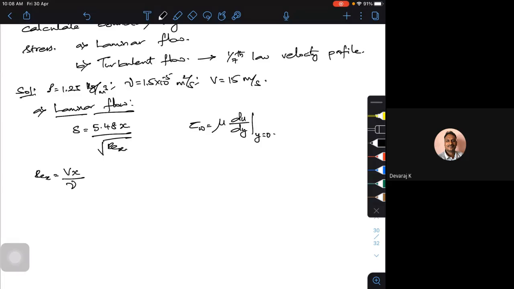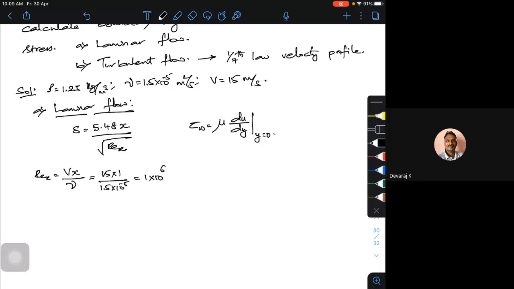Here they have given the kinematic viscosity, so 15 into 1 divided by 1.5 into 10 to the power of minus 5. If I substitute in my calculator, I am getting 1 into 10 to the power of 6.